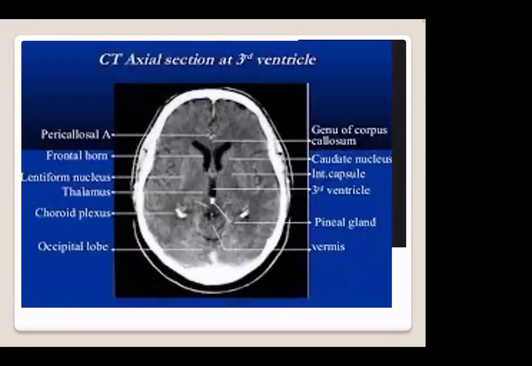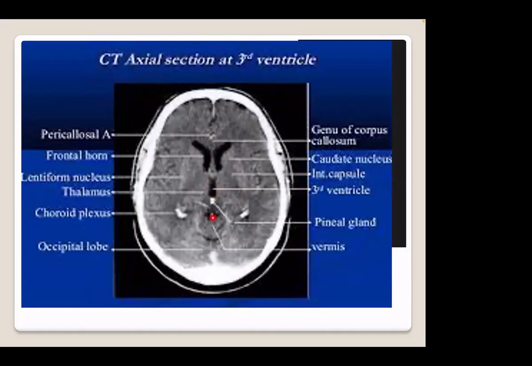CT axial section at the third ventricle, showing from anteriorly genu of the corpus callosum. This is frontal horn of lateral ventricles, caudate nucleus, internal capsule, lentiform nucleus, and the third ventricle.